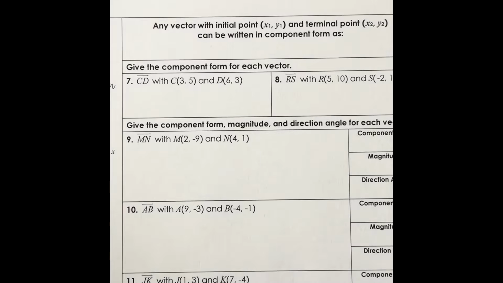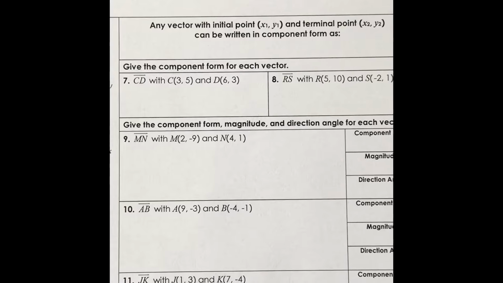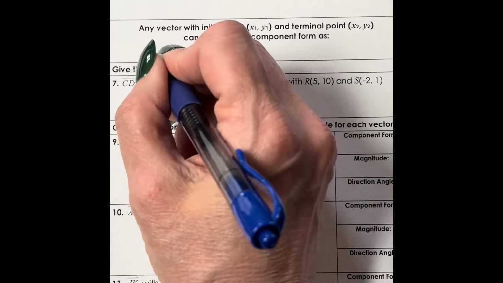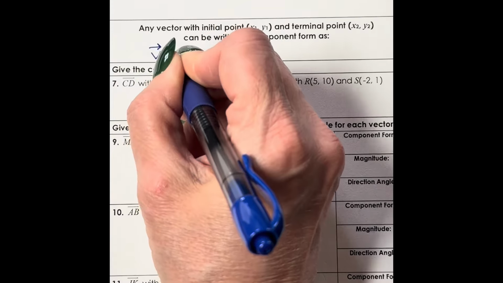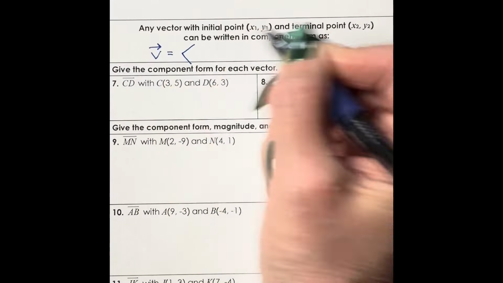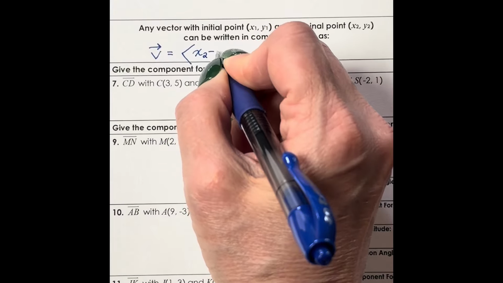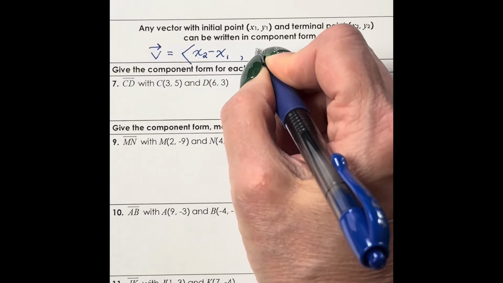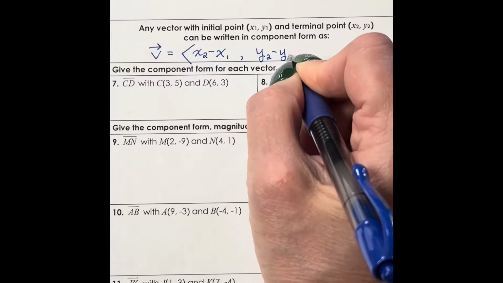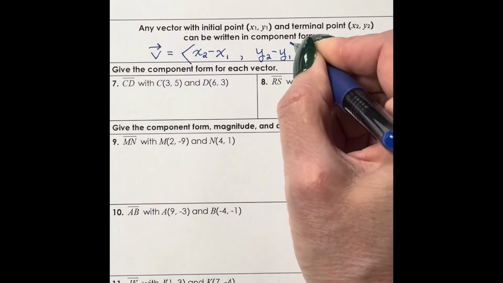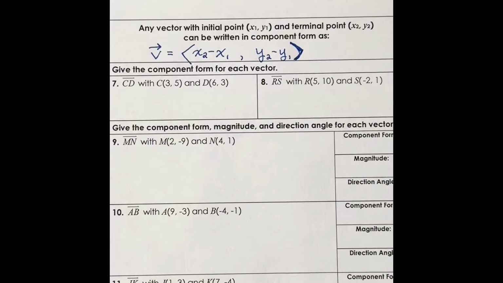Any vector where you have the initial point x1, y1 and terminal point x2, y2 can be written, and I'm just going to call it vector v, is equal to, and remember our component form uses those pointy brackets, x2 minus x1, comma, y2 minus y1. That's our formula. Okay, so that is how we're going to write our component form if we just know 2 points that are not at 0, 0.